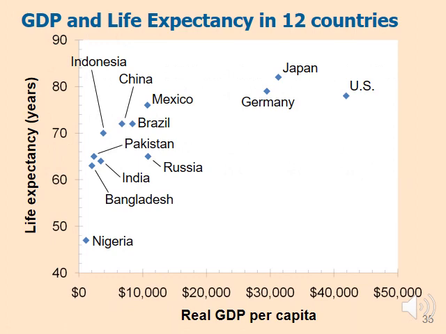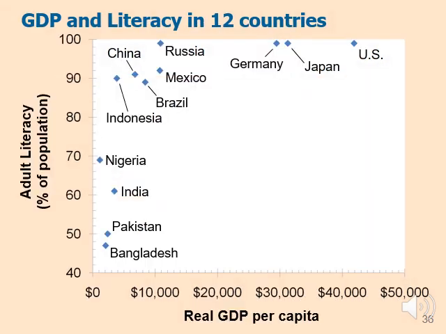Here we have GDP and life expectancy, 12 countries. The U.S., our GDP per capita, upwards of 40,000, with strong life expectancy, contrasted to Nigeria or Bangladesh, much lower real GDP per capita, and also lower life expectancy.